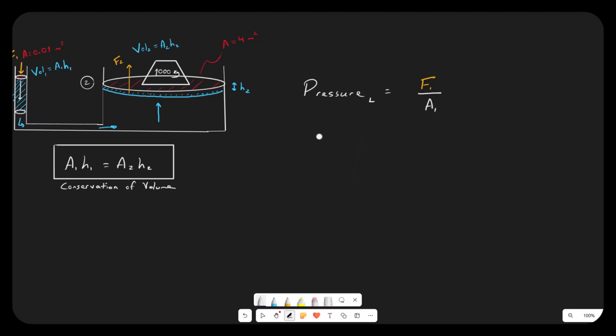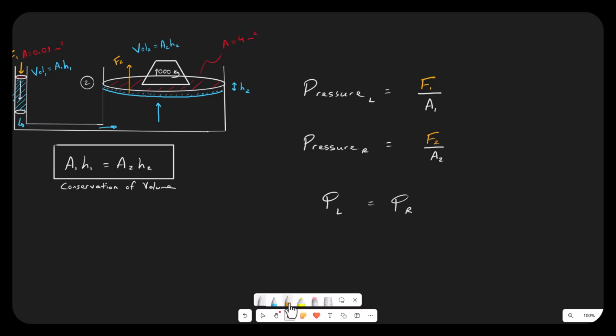That's what pressure is. The pressure that I get on the right side is going to be equal to F2 over area 2. Now, if this liquid is not compressible, and it's not, then the force isn't going to match necessarily, but the pressure does have to be consistent. Which means the pressure on the left has to be equal to the pressure on the right.